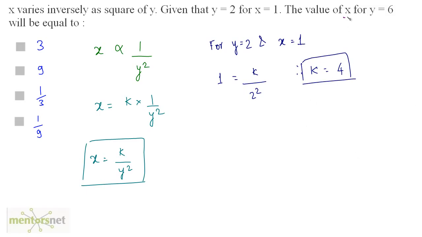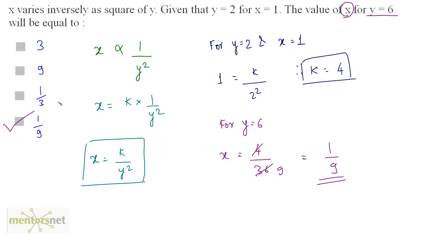Now we need the value of x when y is 6. So x is equal to 4 by y square, so 6 square, and 6 square is 36. So 4 times 9 is 36. So x is 1 by 9. So we have our answer as option D and not as option A.